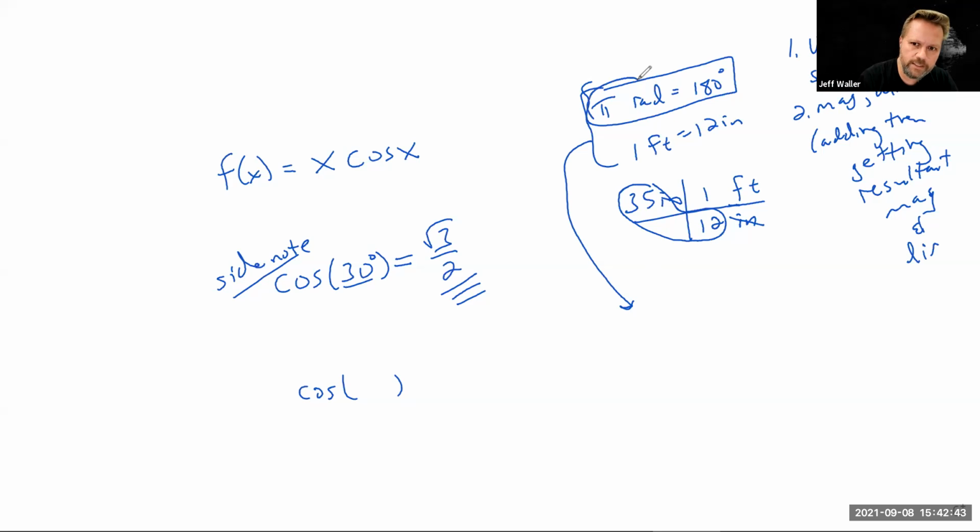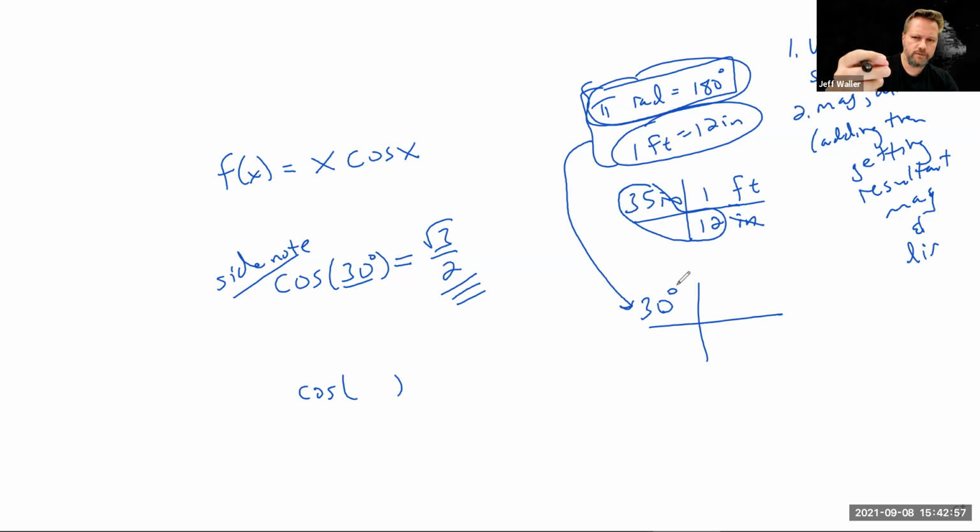I can use this the same way. So if I have 30 degrees and I want to convert it to radians, don't I want to kill the degrees? I want the degrees to go away. If I want degrees to die, I need to put them down here so that they'll cancel. So then I can put up here radians.